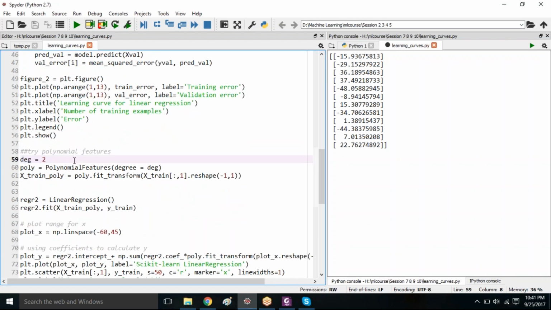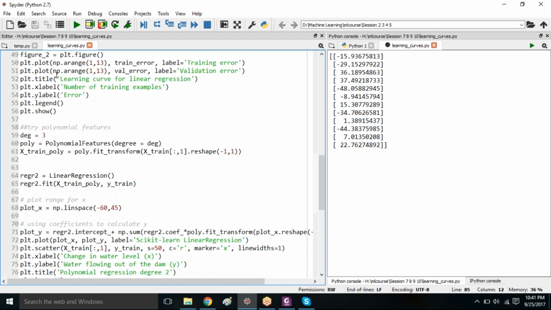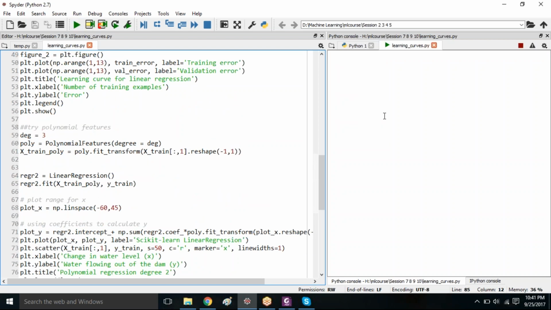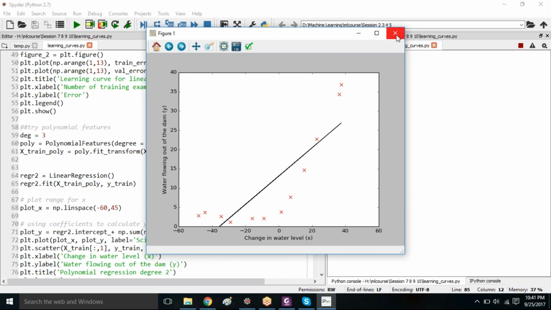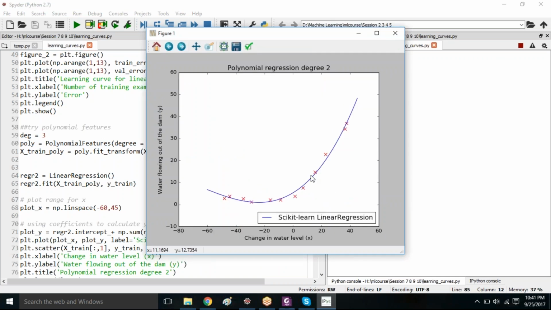Now, just to show you how a degree 3 will look like, I will change the degrees to 3 and rerun the program. The first part of the program of fitting a line will be the same. Now see how a degree 3 line has come up. Can you see this? It has more curve.